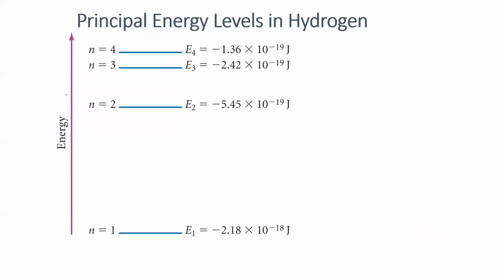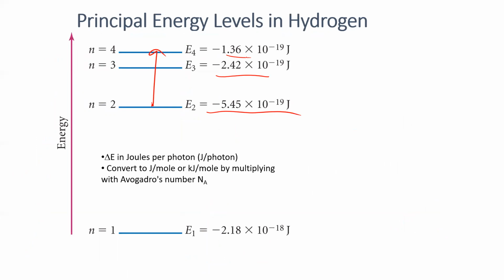So in the book, you'll see this. This shows how much energy is required to move it from the second and the third, and we see it's less and less energy. Now, we're talking about the amount of energy to remove one electron. What if I wanted to remove a mole of electrons? Well, I'd have to use, again, Avogadro's number. So joules per photon. So this would be the amount of joules I would need per photon to remove an electron.